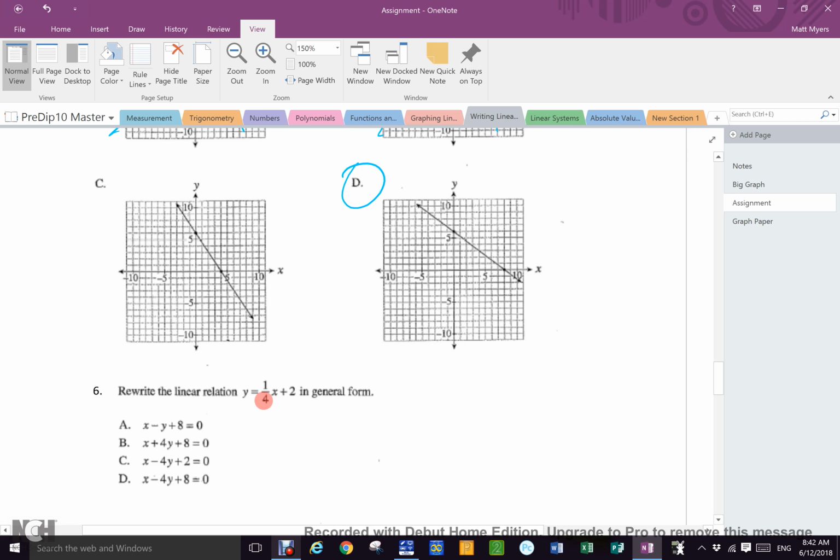Yes, you must get rid of the fraction, which means multiplying everything by what? 4. 4y equals x plus 8. X minus 4y plus 8 equals 0 because x must stay positive. So it is D, as in doornail.